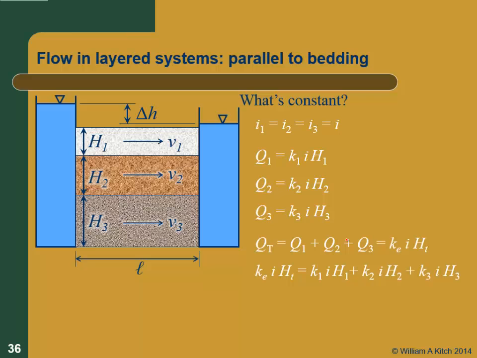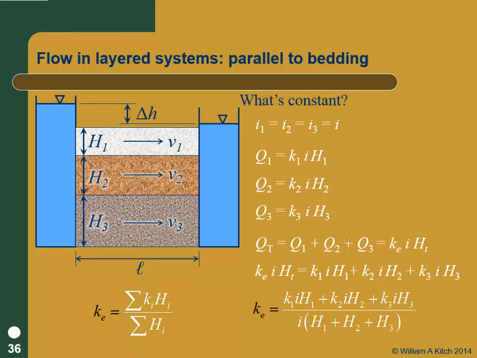So I could just write that, well, that's KE times I times the total height is going to be K1 I H1 plus K2 I H2 plus K3 I H3, and the I's go away. I solve for KE, and I get this, that the equivalent hydraulic connectivity for this system is the summation of K times H divided by the summation of H.